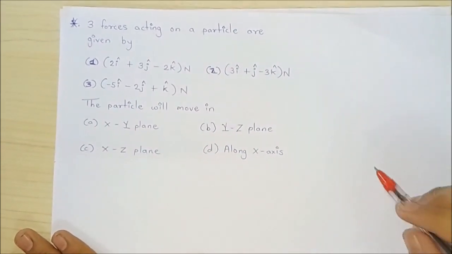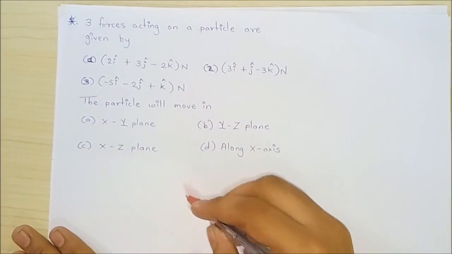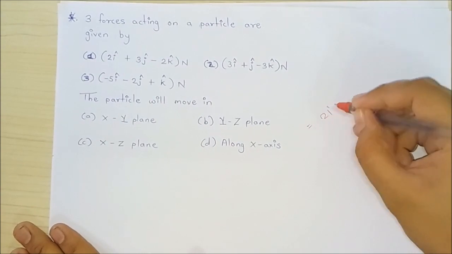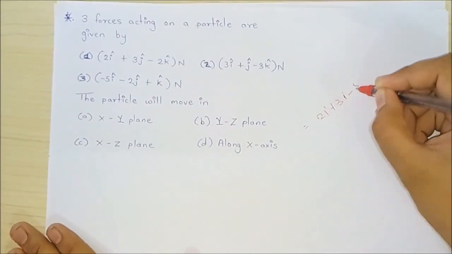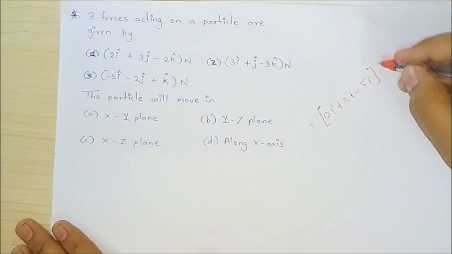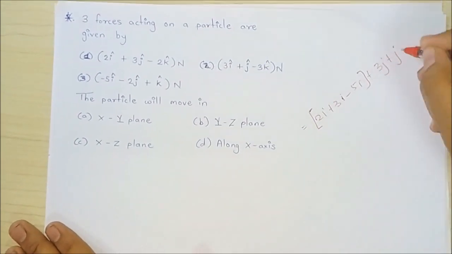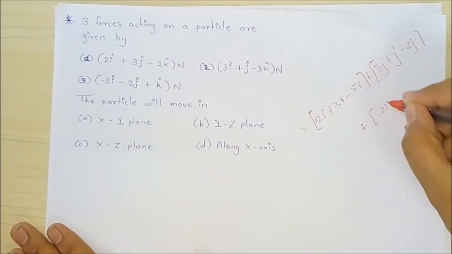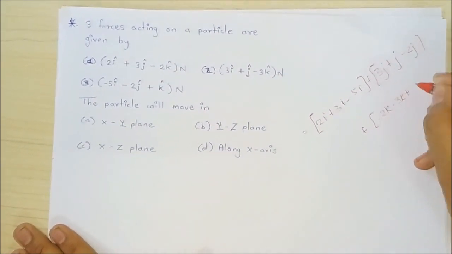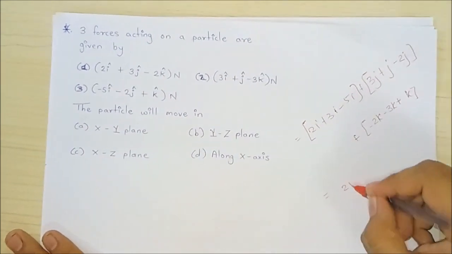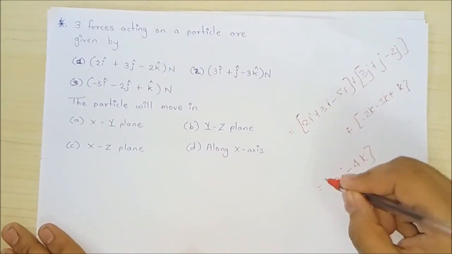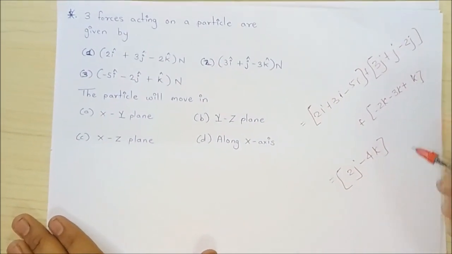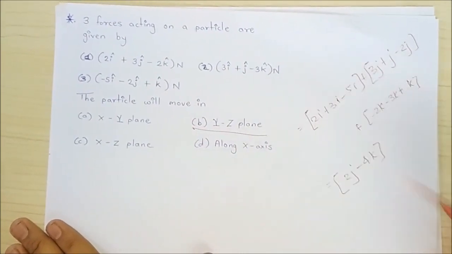Now to solve this question, the sum of forces 1, 2, 3 will give us 2i plus 3i minus 5i, 3j plus j minus 2j, and minus 2k minus 3k plus k, which on solving we get 2j minus 4k. Therefore, the particle will move in the yz plane as there is no component of x. So option B, yz plane is the correct answer.